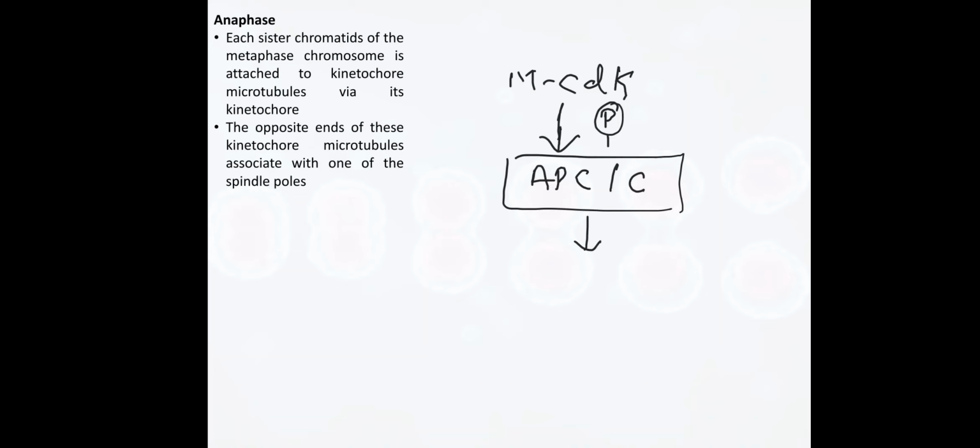APC/C becomes activated. Once activated, APC/C functions in coordination with two homologous mitotic coactivators. An active APC/C alone is not enough. So there are two coactivators along with APC/C, that is CDC20 and CDH1.